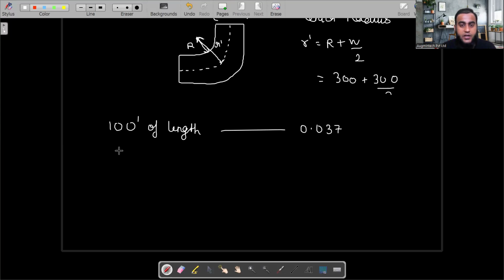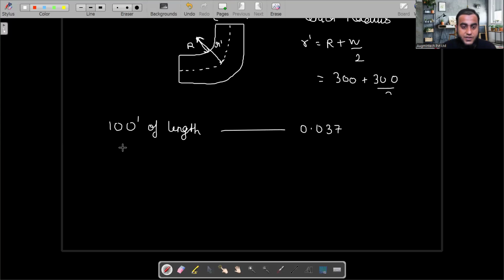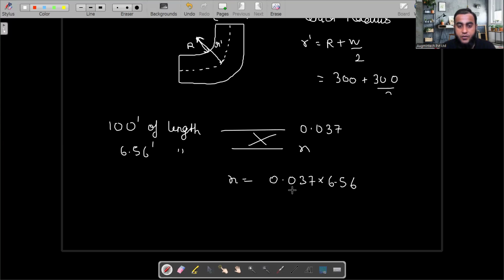But our actual straight duct length is 6.56 feet, so we need to calculate the friction loss for 6.56 feet. Just do the cross multiplication. You will get the X value as 0.037 into 6.56 divided by 100.